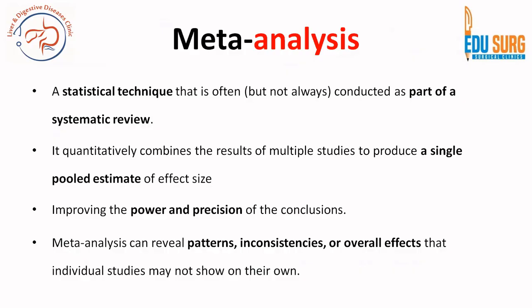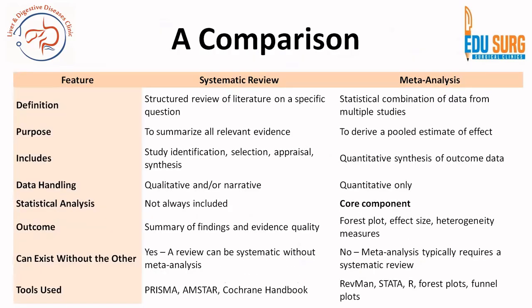So systematic review is just a review of the data, but with a very streamlined protocol. And meta-analysis is when you analyze the data that is generated in a systematic review. So a comparison between systematic review and meta-analysis, like I said, systematic review is a review of literature, whereas meta-analysis is a statistical analysis of systematic review data.